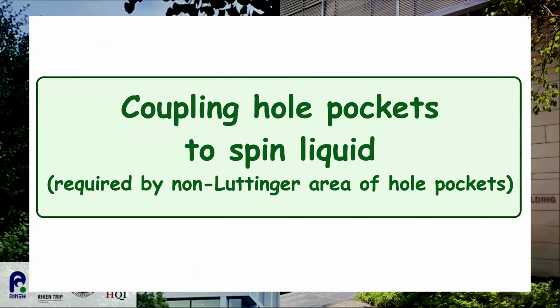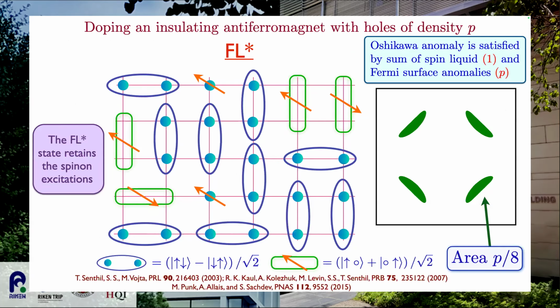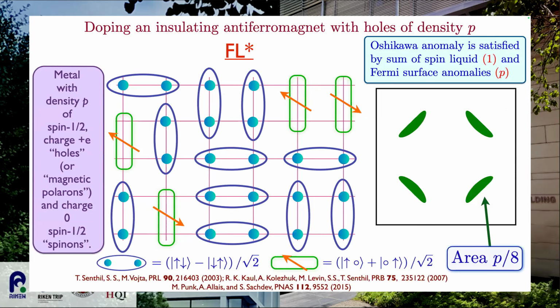I just talked about the Yamaji effect. What about photoemission, where you don't see a pocket? Why is that? So for that, if you look at this picture here, I was talking all about the motion of the green objects. The green objects move around, those are the holes, and they form these Fermi pockets.